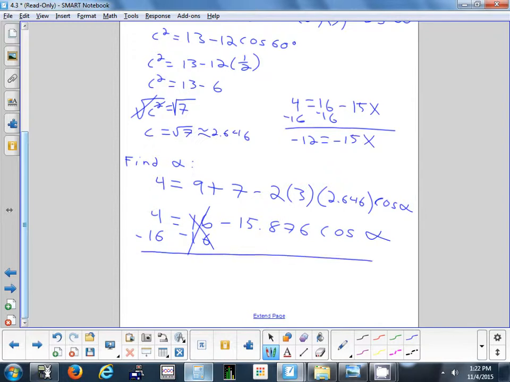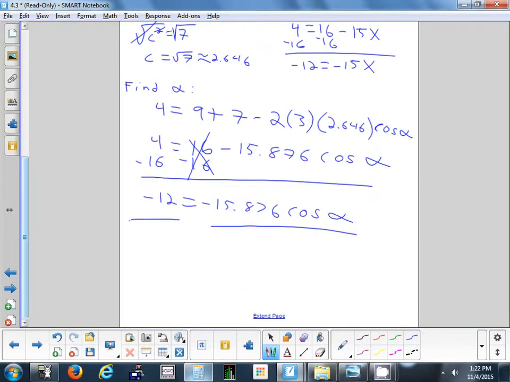All right, so now I've got negative 12 equals negative 15.876 cosine alpha. Okay, now Tyler, what would I do to get rid of that negative 15? Yeah, divide by negative 15.876. Just like in the problem up above, you divide by what's in front of the letter.